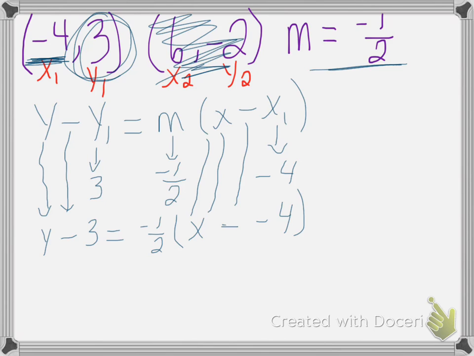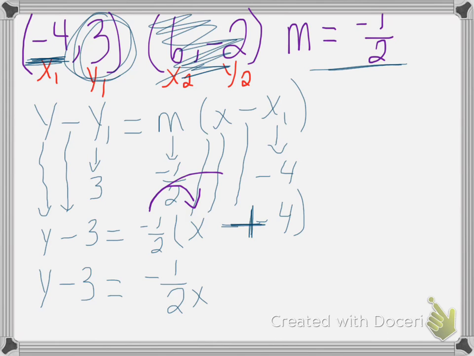Now right here we have a minus, which is a plus. I'm going to bring this over here and leave it y minus 3, and I want to fix the other side. Remember, we need to distribute. -1/2 times x is -1/2 x.